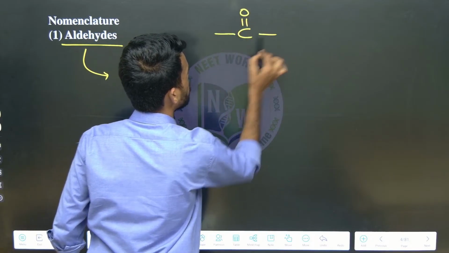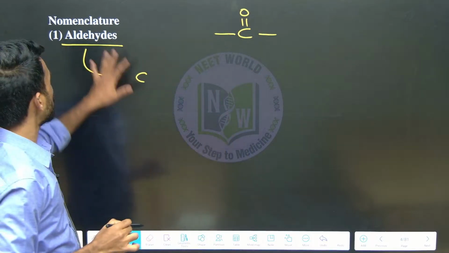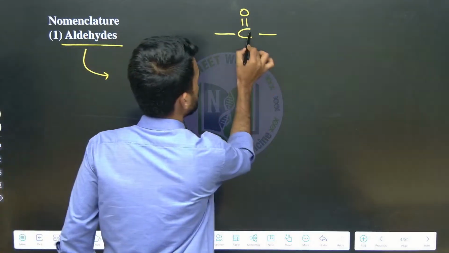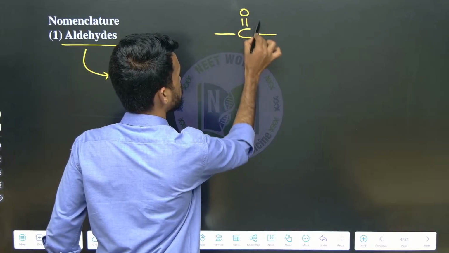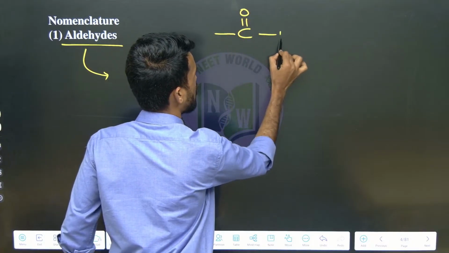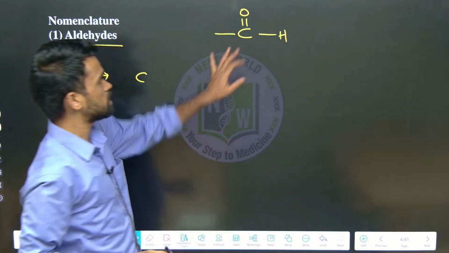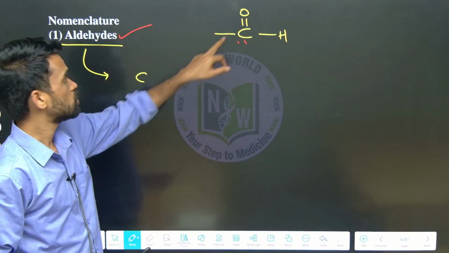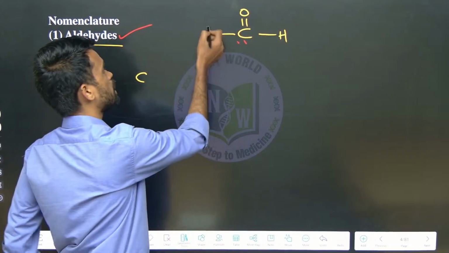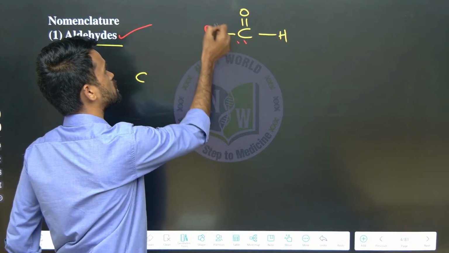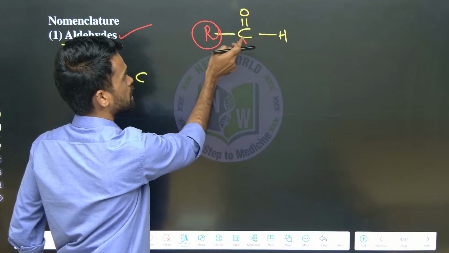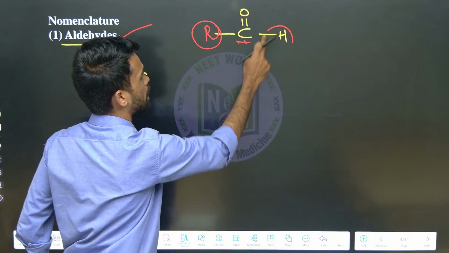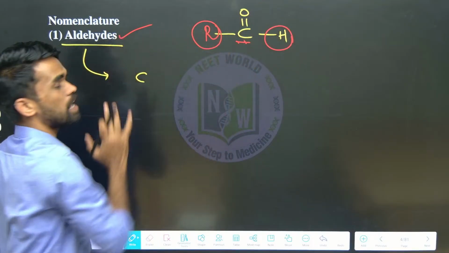Specifically for aldehydes, this carbonyl carbon should have one hydrogen. This is the functional group indication for aldehydes. On the other side it might be any alkyl or aryl group, but one side of the carbonyl carbon should contain a hydrogen. Then we can consider it an aldehyde.